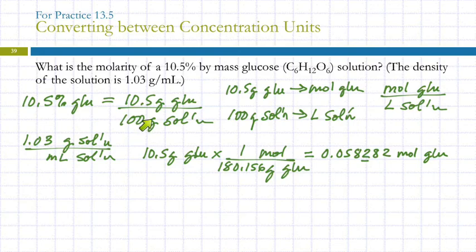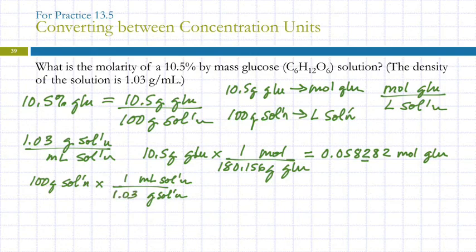Then I'm going to take this 100 grams of solution and convert it into liters of solution. So 100 grams of solution. Well, they gave me the density, right? So I could convert that to milliliters. So I put grams of solution down here and milliliters of solution up here. 1 milliliter weighs 1.03 grams.